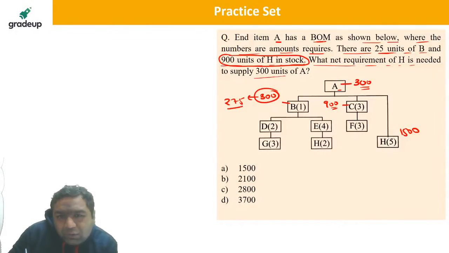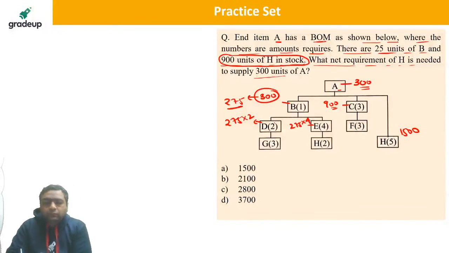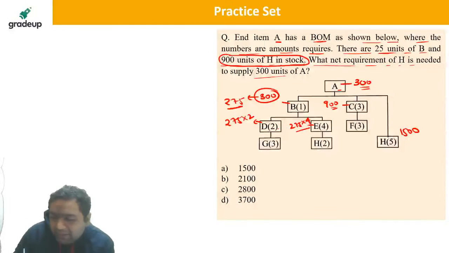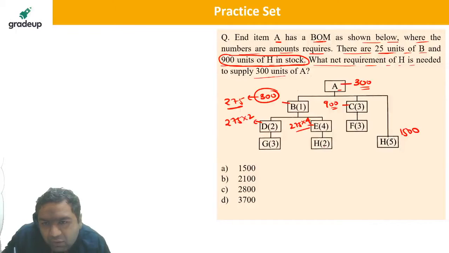Then here it is 275, so for that you will require D to be 275 into 2, and here it is 275 into 4. Calculating 275 into 4, it is 1100. So 1100 of E is required.